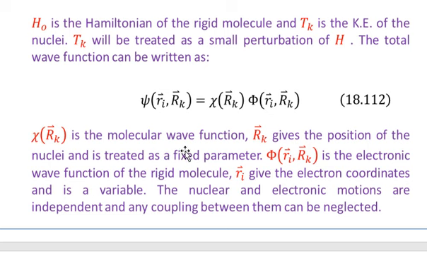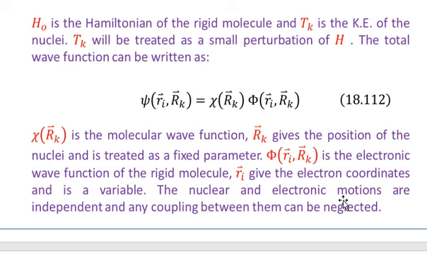Chi of Rk is the molecular wave function. Rk gives the position of the nuclei and is treated as a fixed parameter. Phi is the electronic wave function of the rigid molecule. Ri gives the electron coordinates and is a variable quantity because the electrons are in motion.